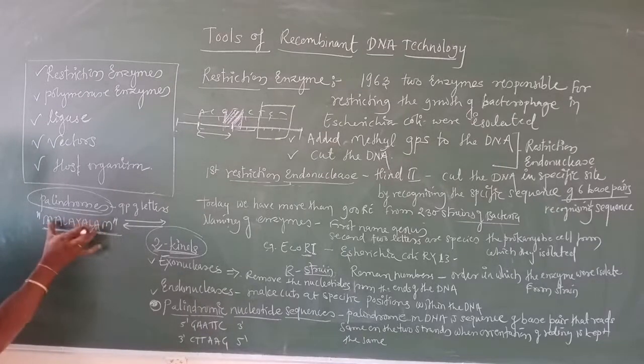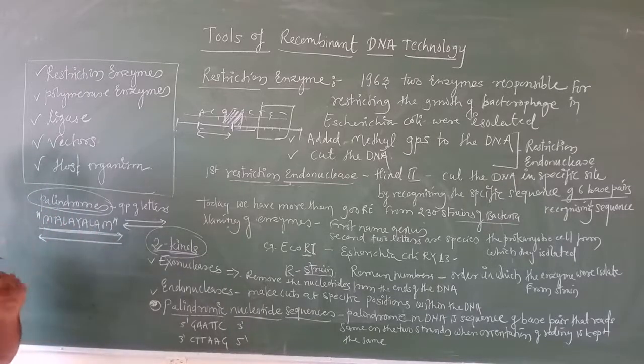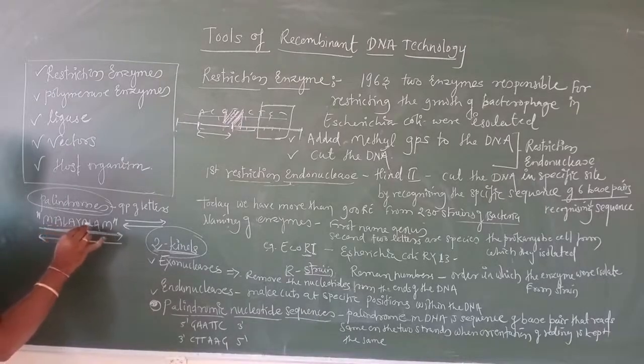It is a group of letters. If you read this from left to right or right to left, the word is the same and the meaning is also the same. M A L A Y A L A M, Malayalam.